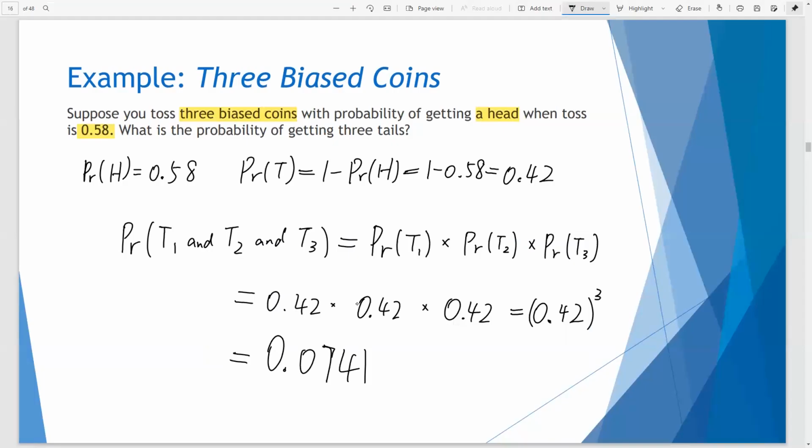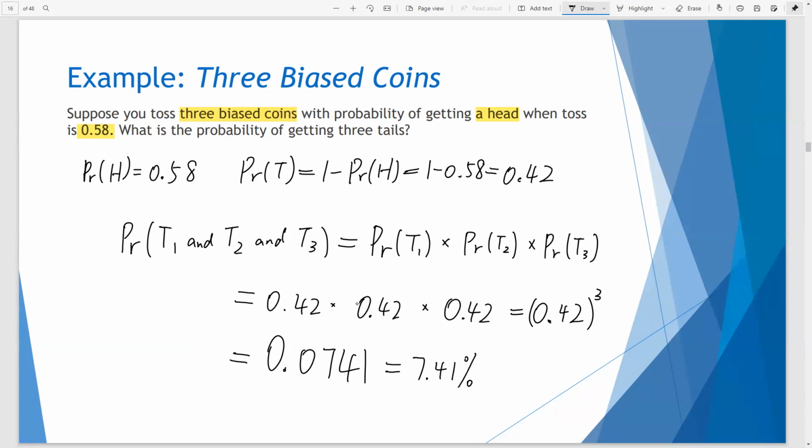So what do we have? Even for a biased coin with a 42% likelihood of getting a tail, getting three tails is very unlikely. Only a 7% chance, or if you want, you could put 7.41%.